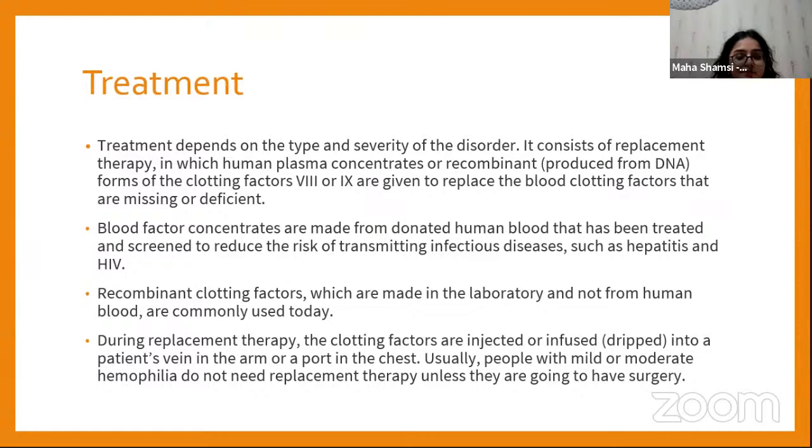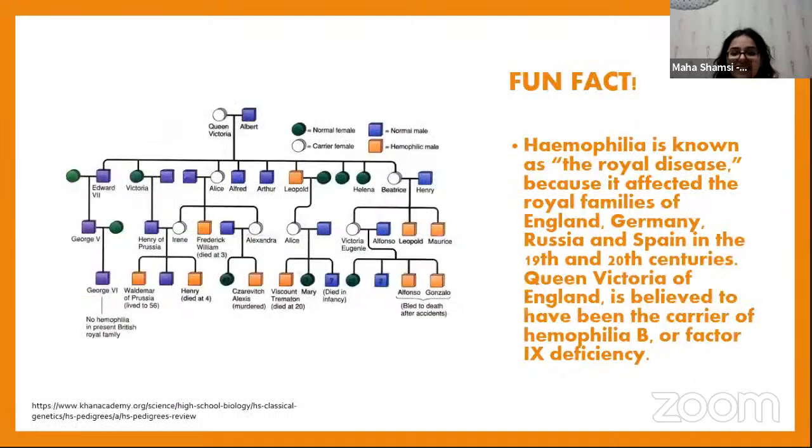With replacement therapy, clotting factors are injected or infused into a patient's vein in the arm or a port in the chest. People with mild or moderate hemophilia do not need replacement therapy unless they are going to have surgery. I cannot get into the surgery part because I haven't extended my research to that level, but if you're interested, you can look it up on the internet.